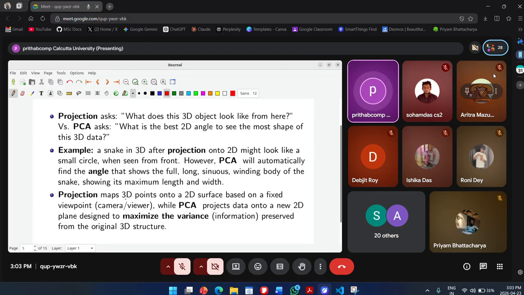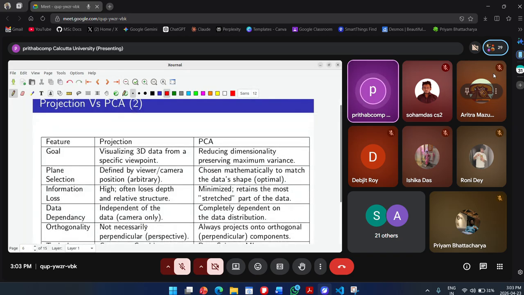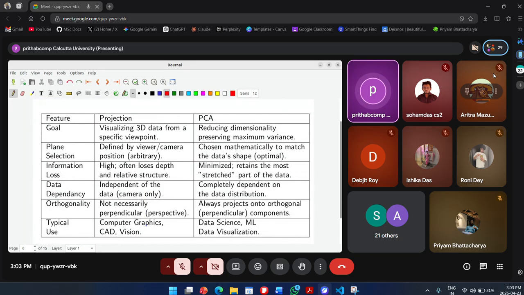So that means, I mean, this I already said. Projection maps 3D points onto a 2D surface based on a fixed viewpoint, while PCA projects data onto a new 2D plane designed to maximize the variance, or information preserved, from the original 3D structure. Okay. So here you can get a differentiation between these.